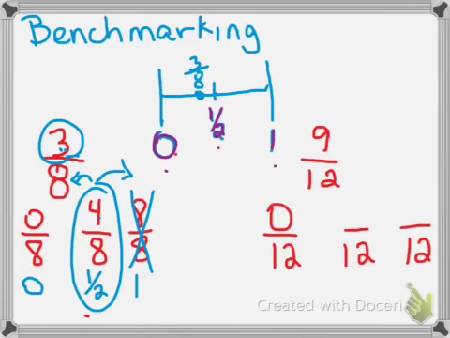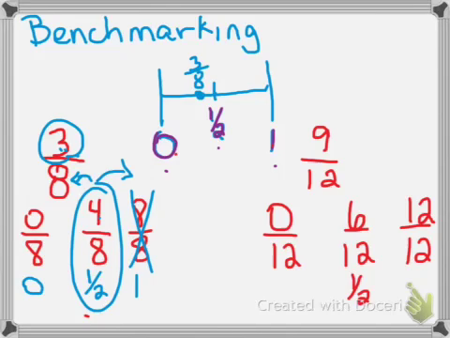And if you haven't noticed, I'm using the denominator that is in my original fraction. So my 0 fraction is 0/12. My half is the half of my denominator. So half of 12 is 6. And then finally, my whole is 12/12.